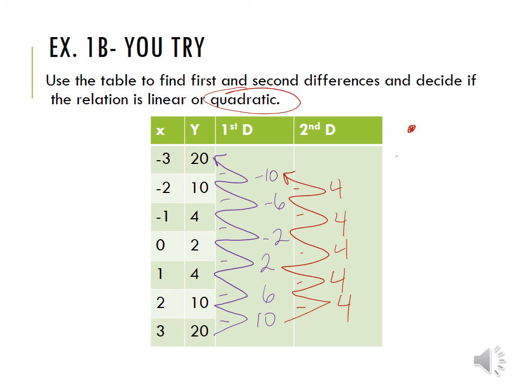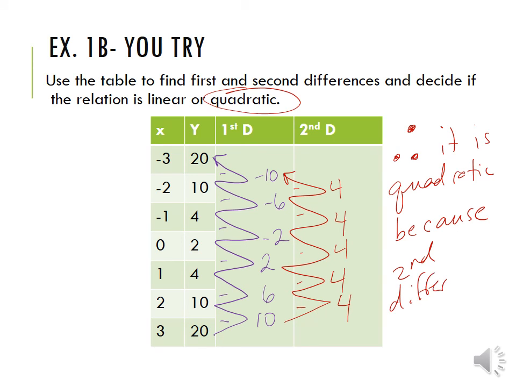So therefore it is quadratic, and you should write because second differences are equal. And again, you look at your y column, just another self check.